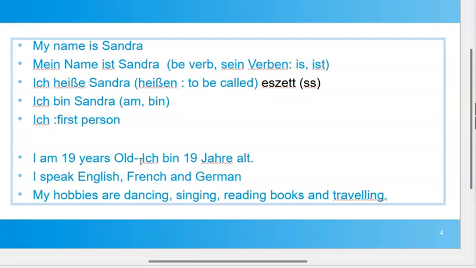So I've eliminated this line in the slides, but that's okay. We can learn that later on. I'm just giving you one description. If you have to include your age, you can also make one more sentence. Ich bin 19 Jahre alt. How do I pronounce 19? It is 19. We will learn numbers, then we will understand this more clearly.